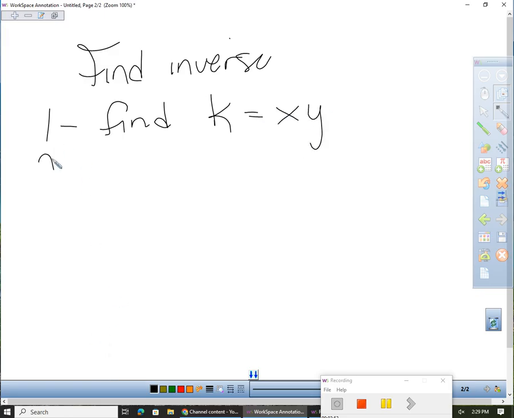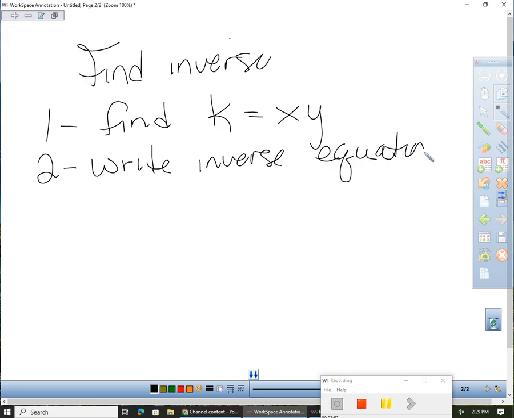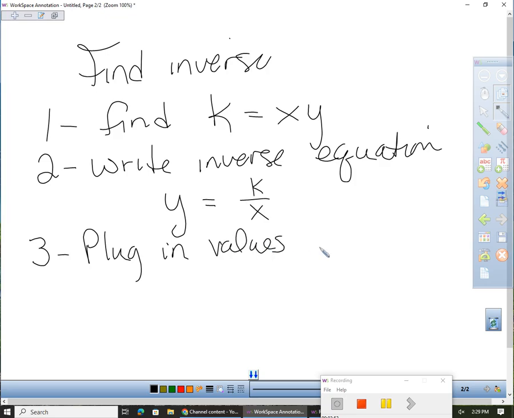Step number 2, write your inverse equation, which again, the inverse equation is y equals k over x. And then step 3, plug in values and solve for the unknown.